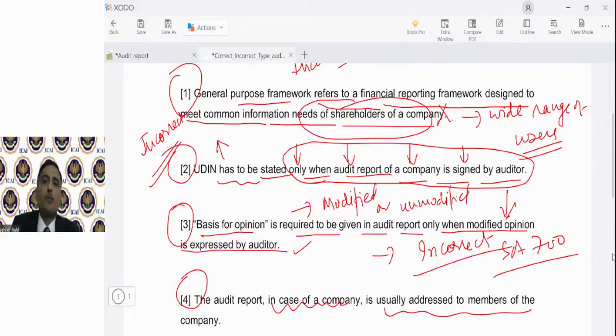We had discussed this point also while studying the chapter. Now everybody is responding. Yes, this is correct. The audit report of the company is addressed to the members of the company. Okay.